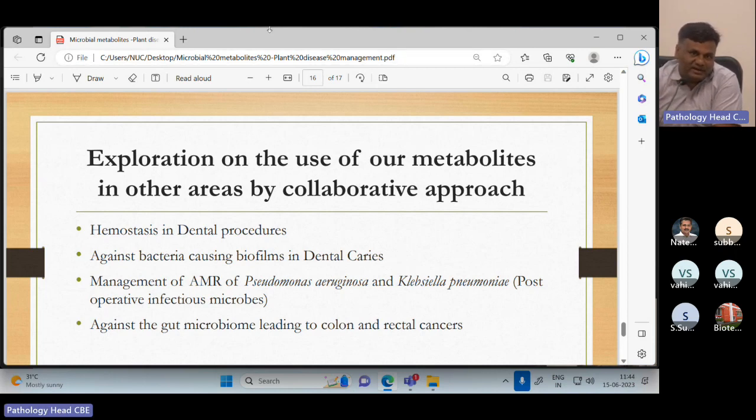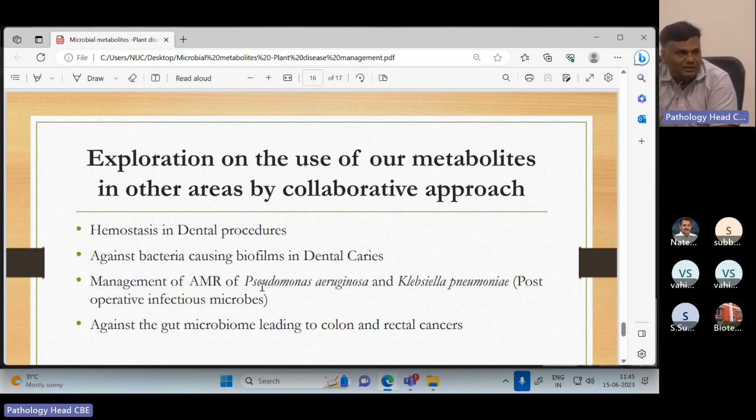We are working on these metabolite compounds because metabolites are metabolites only. It is not that it's from our fungus or their fungi, or our bacteria. They are also looking at the same. The main important issue in medical fields now is AMR, antimicrobial resistant strains, a very important problem because people are illogically consuming antibiotics.